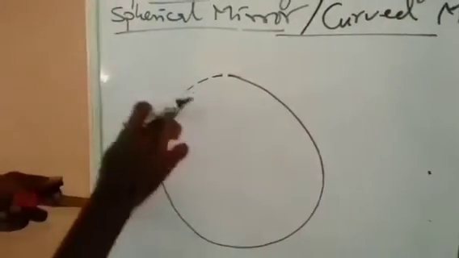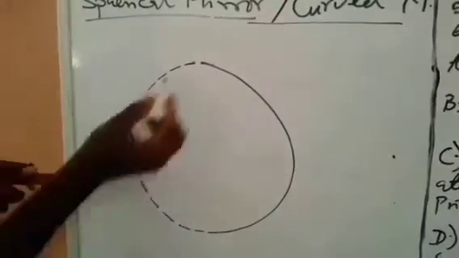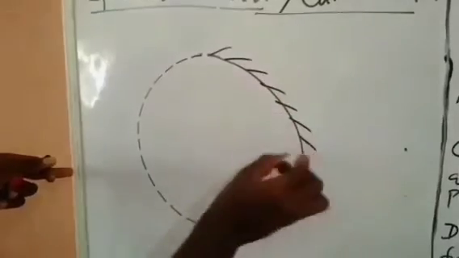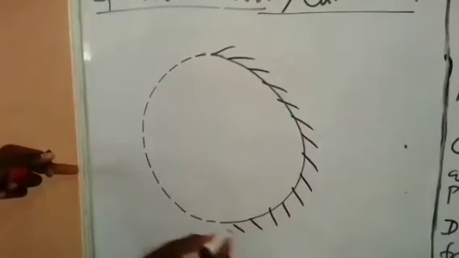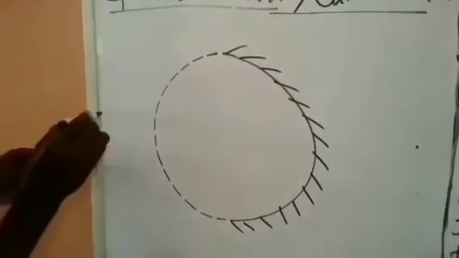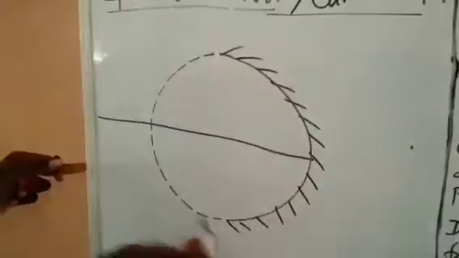the part behind and then leave this to be my reflecting surface. Now, if I shade the back of the mirror, leaving the inner surface to be the reflecting part, what it means is that I have formed a concave mirror. Now, I am going to put a straight line through the center of that circle and then cut the mirror.